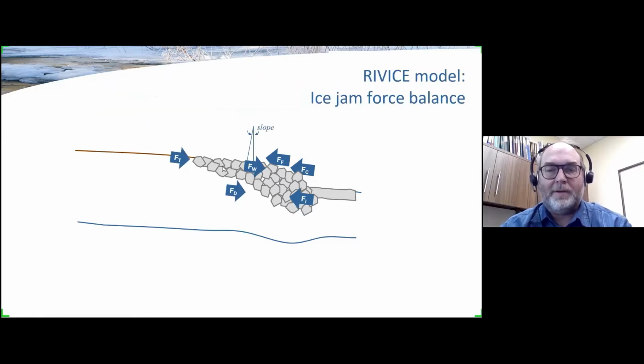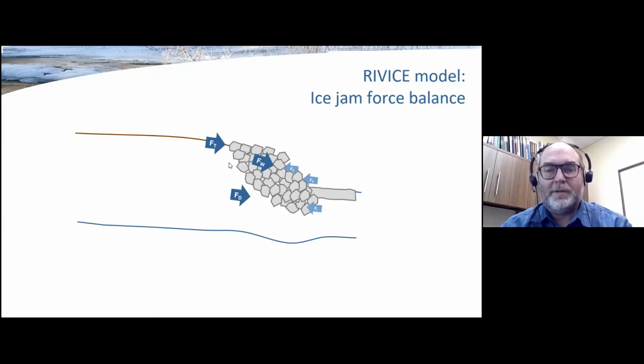And if we look at the balance, if these forces on the jam here, the thrust, weight, and drag are higher than the other ones, you will get a certain shoving of your ice cover against your jam, which will thicken it and also increase your backwater staging.